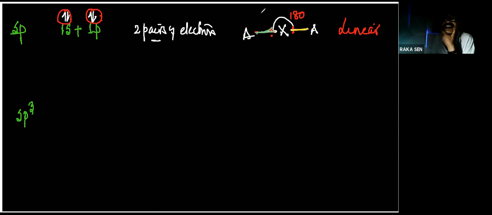How many electrons are there in this bond? 2. So I have got 2 pairs of electrons out here, one pair here and the other pair here. Priyanshu and Siddharth hate each other, furthest distance apart. So the angle between them is 180 degree. Therefore, the bond angle will be 180 degree. Therefore, the structure will be linear.